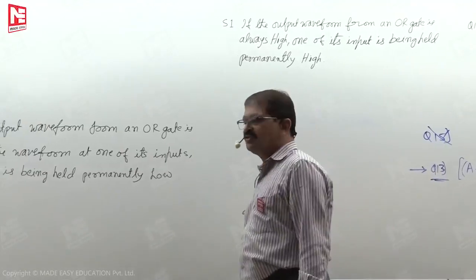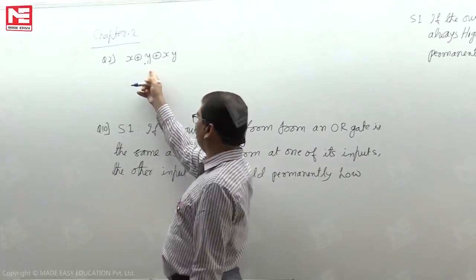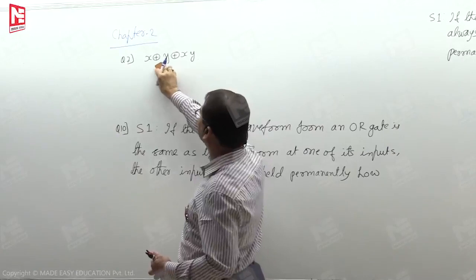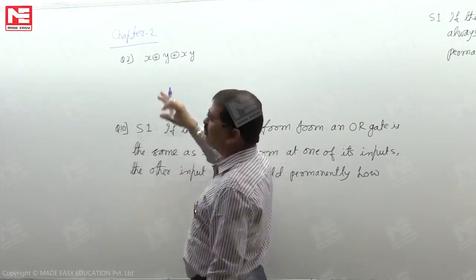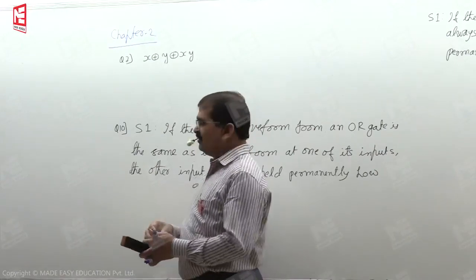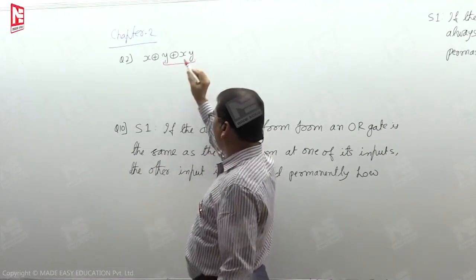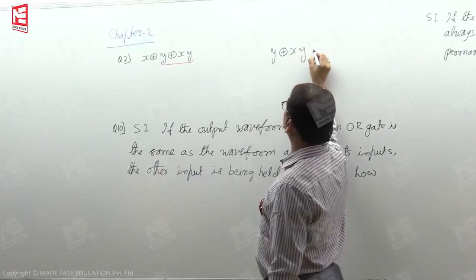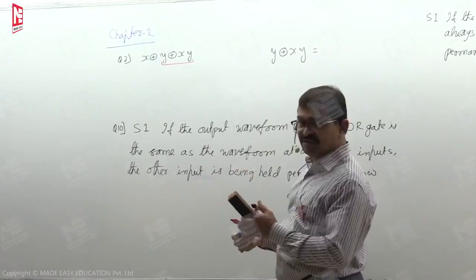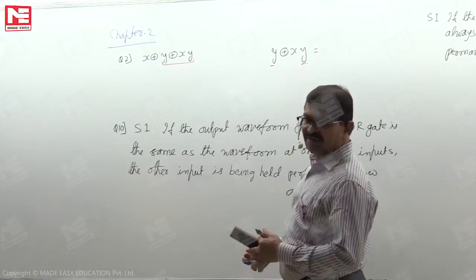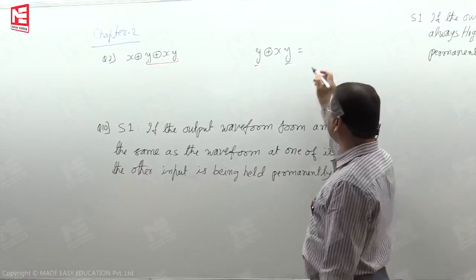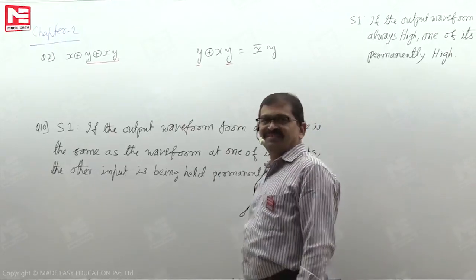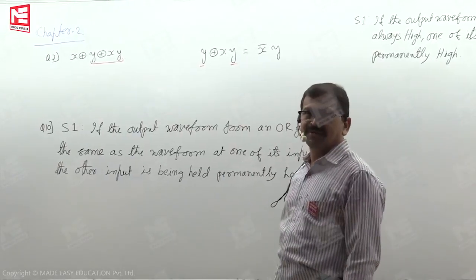Question number 7 is X exclusive or Y, exclusive or with X, Y. In both these terms Y is common, and if you work it well, the result must be X complement Y. If you are remembering it well, it is a shortcut.